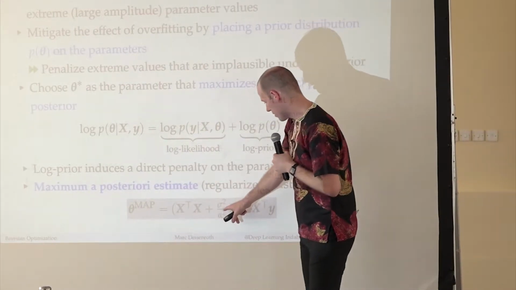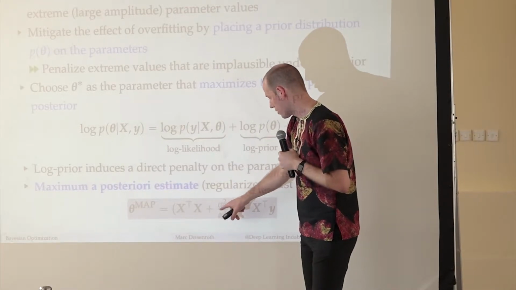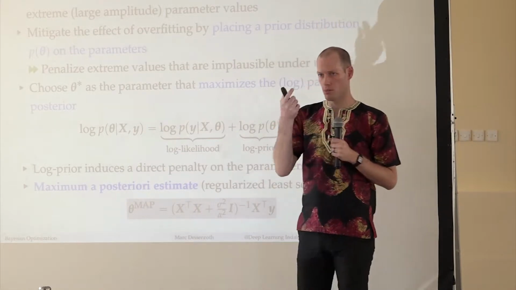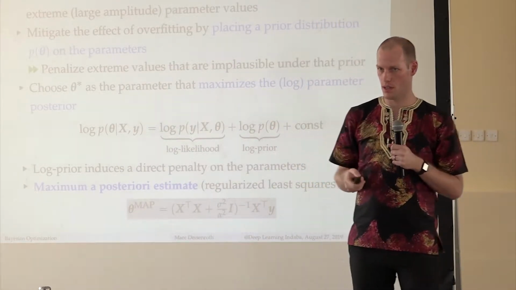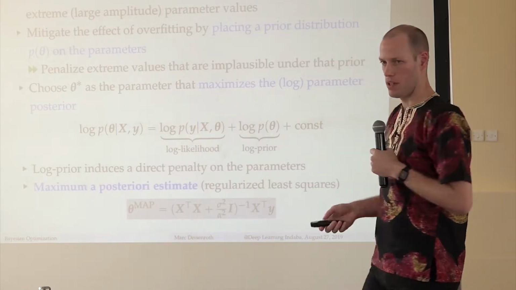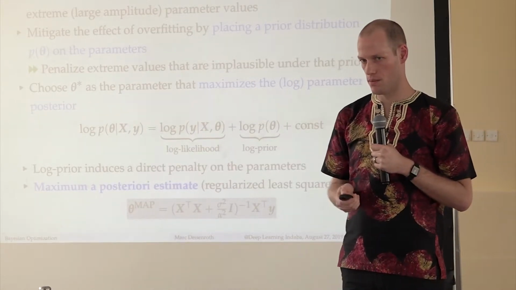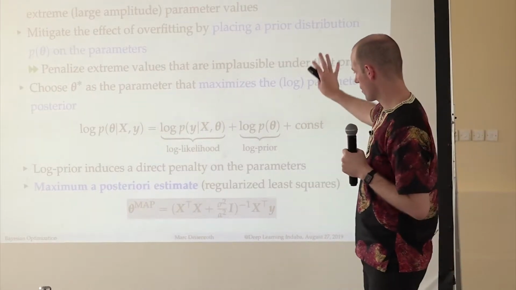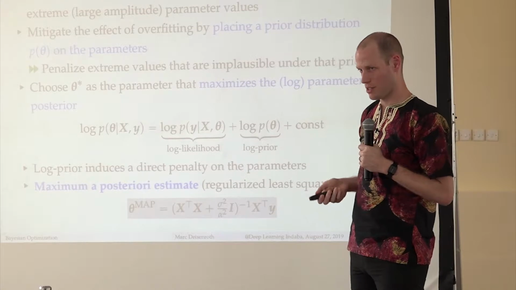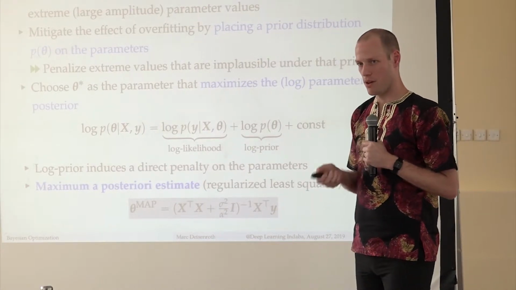And this lambda parameter is the ratio of the noise variance and the variance of your prior distribution, if you choose a Gaussian distribution with mean 0 and variance alpha squared times I. Again, if you want to read up on this more, there is lots of material.